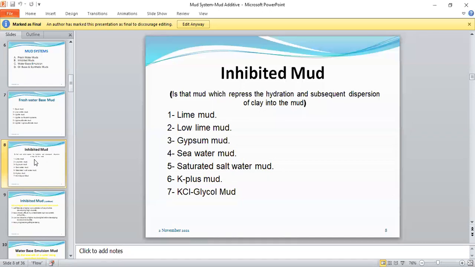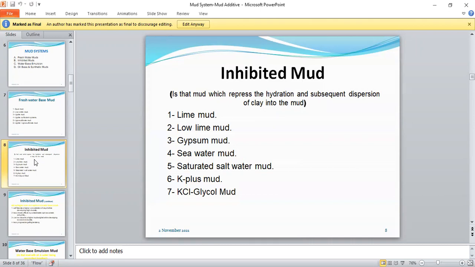So inhibited mud systems have chemicals like potassium chloride that will react with the clay and displace the sodium in an ionic exchange. It will just remove the sodium from the silicon. And that clay, because there's no more sodium, will not be able to absorb water and will not swell. As the bit cuts it, the mud will just carry the clay inside the mud and bring it out. Your solids control system will remove them.